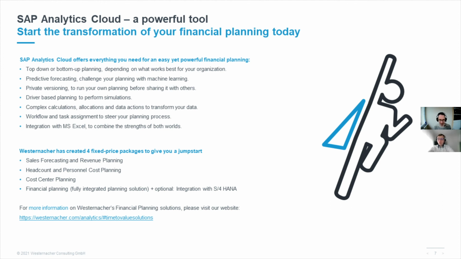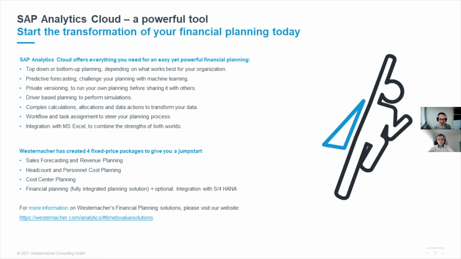And if you want to bring it to the full end, you can go for financial planning in SAC, which is basically a fully integrated planning, including a cash flow planning, P&L planning, currency conversion for any data coming from multiple companies.